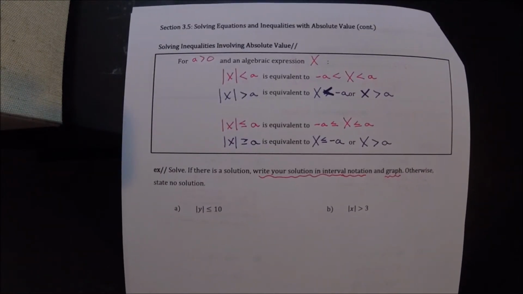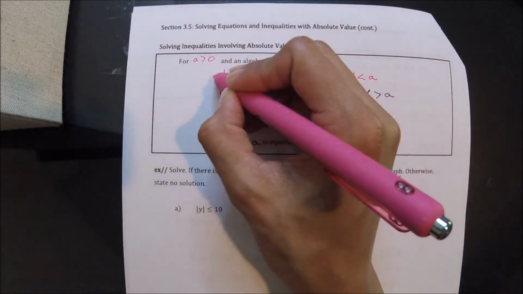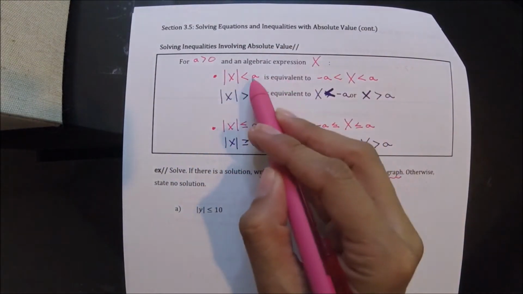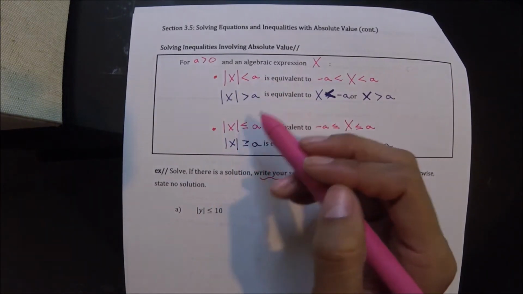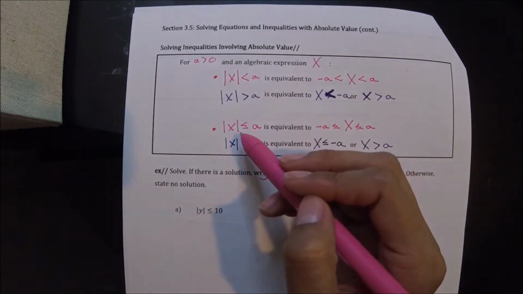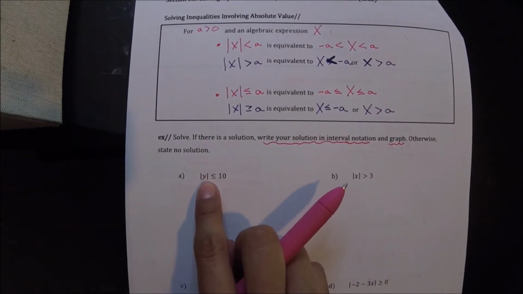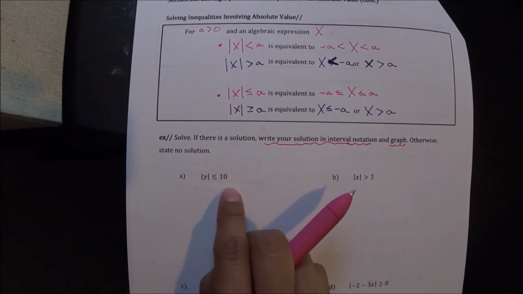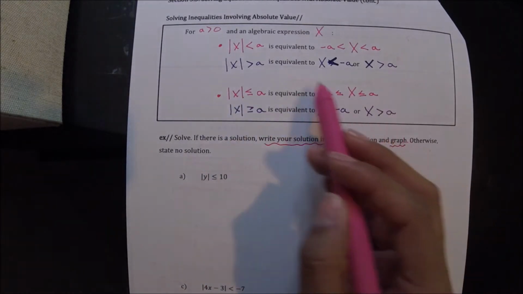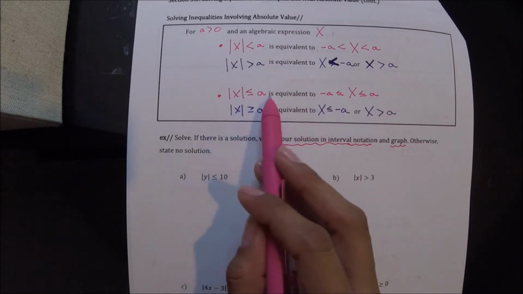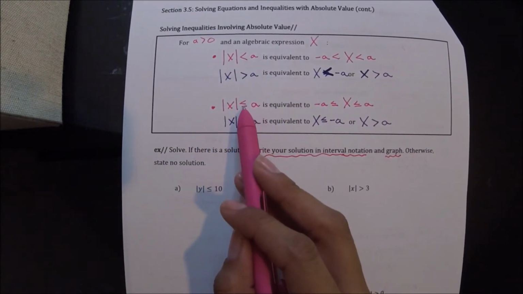I think that anytime it's this case where you have the less than, I'll do it in that same color. Okay, so that's like part A. We have the absolute value of something is less than or equal to 10, so that's going to be one of these, and it's going to be this one here, because we have less than or equal to.